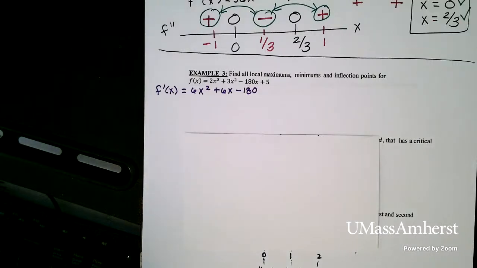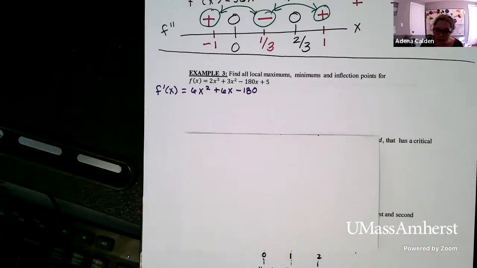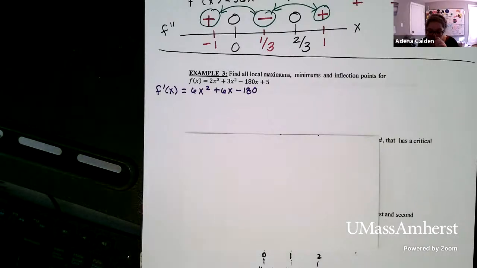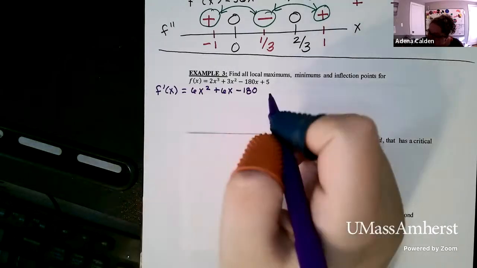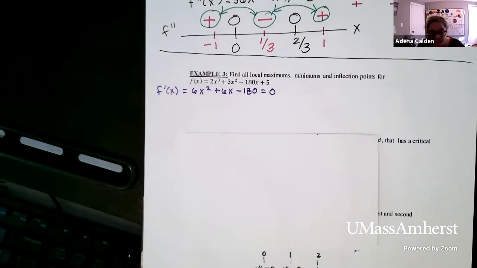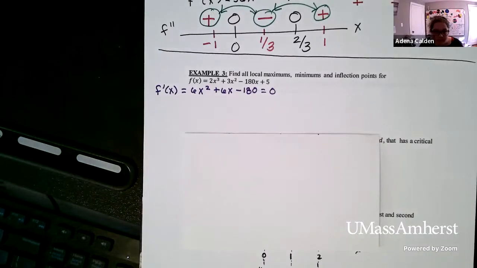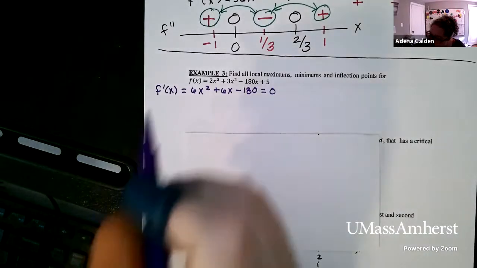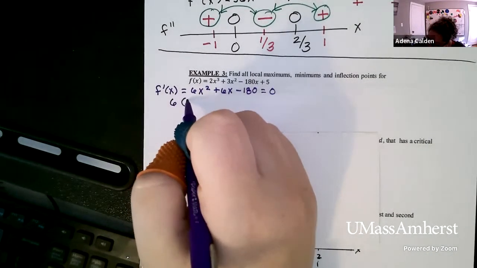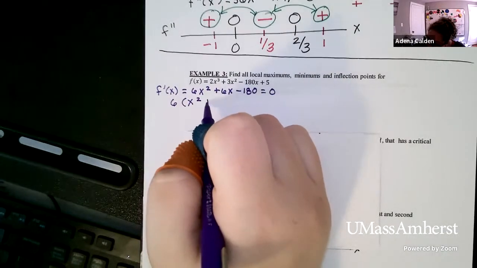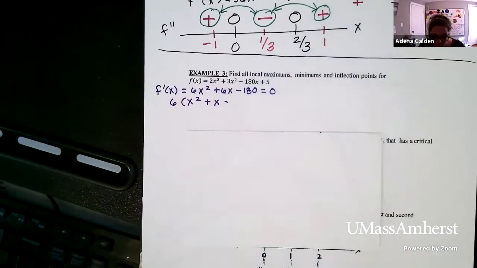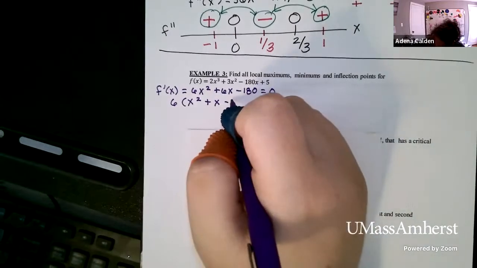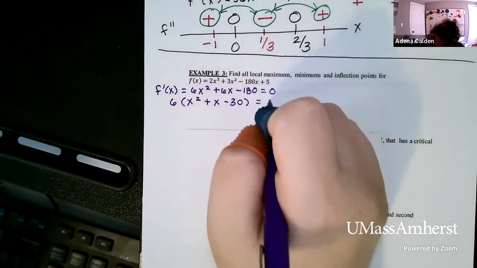So once I have the first derivative, I want to use that to find my critical points. So I'm going to ask the question, when does this equal 0? First derivative, again, gives us critical points. In order to figure this out, I'm going to factor this. And again, there's a couple different ways you can deal with this. If you decide to use the quadratic equation or something else, that's totally fine.